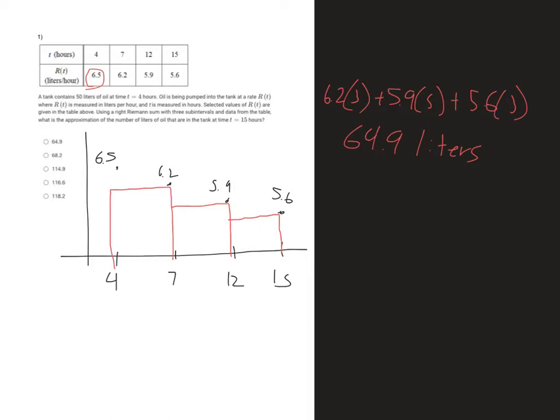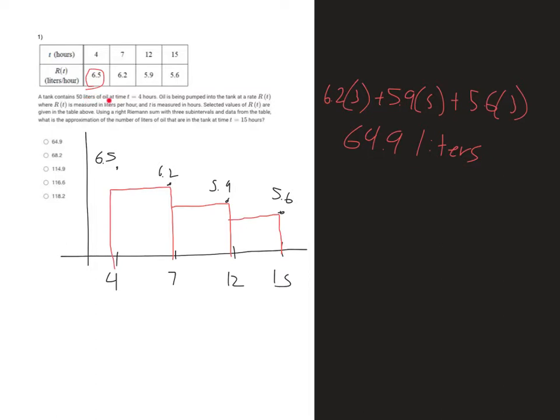Because if we go back and read the question, it says, using a right Riemann sum with 3 subintervals, what is the approximation for the number of liters of oil that are in the tank? Well, this is just the liters that have gone into the tank, because we're pumping oil into the tank. And so we've added 64.9 liters from time t equals 4 to time t equals 15.